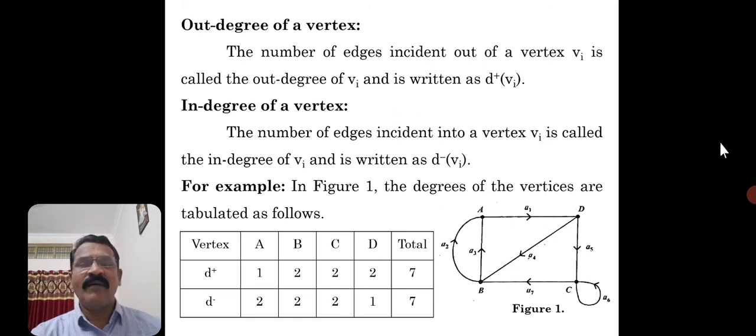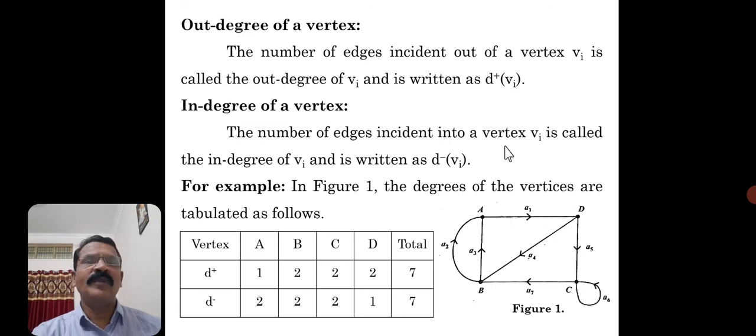The number of edges incident out of a vertex Vi is called the out degree of Vi and is written as D plus of Vi. Once again, the number of edges incident out of a vertex Vi is called the out degree of Vi and is written as D plus of Vi.